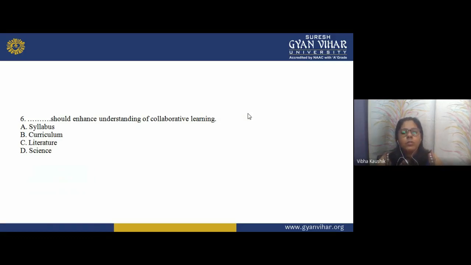Now the correct answer is syllabus, means option A is the right answer, and the syllabus is enhancing and developing understanding of collaborative learning among the learners.